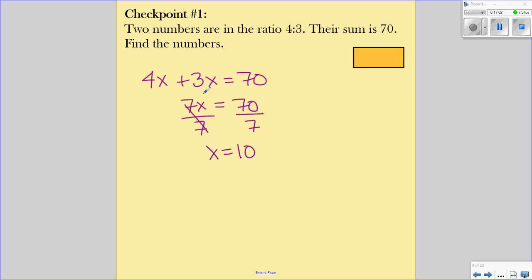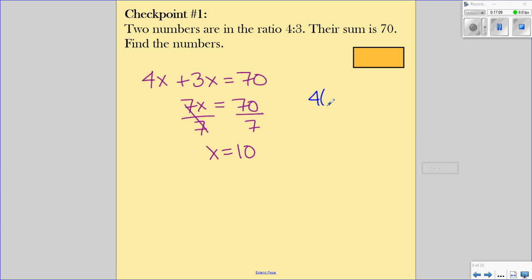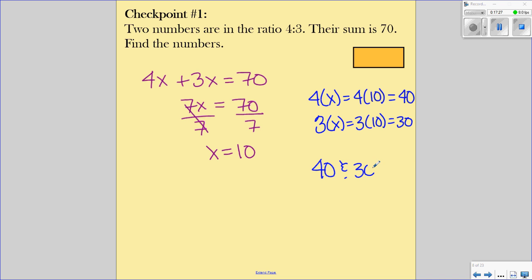Now you have to find the numbers after you multiply that common number. So 4x gives you 40, and then 3x is 3 times 10, which gives you 30. So your numbers are 30 and 40.